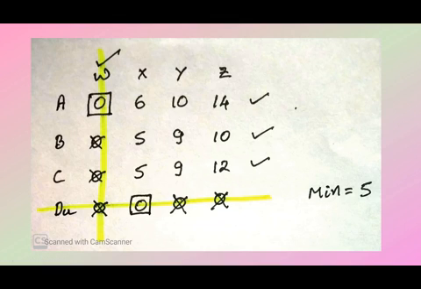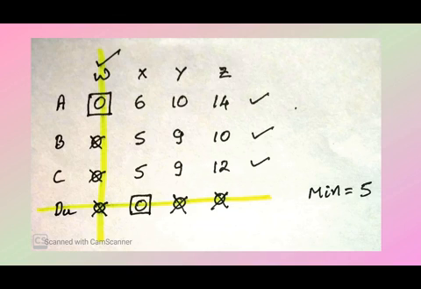Now draw the lines. The lines are drawn from ticked column and unticked rows. Ticked column is column W, you get a vertical line. Unticked row is DU, you get a horizontal line. So how many assignments we had? 2. So how many lines did we get? 2. Our line drawing is correct.